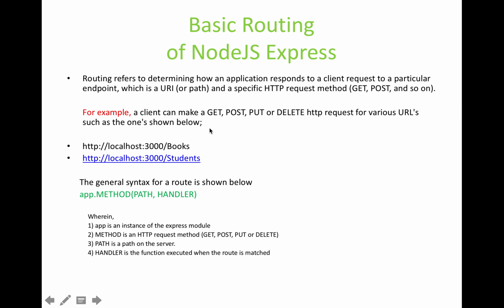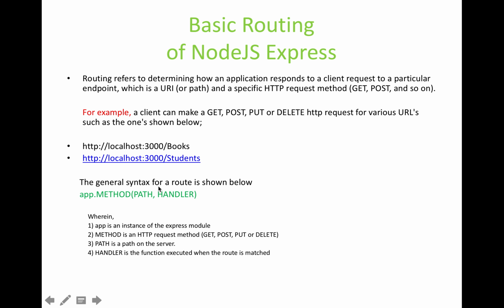For example, a client makes a GET, POST, PUT, and DELETE HTTP request for various URLs, such as the example below. localhost 3000 is the host and port, this is the PUT, and this is the students request parameter.